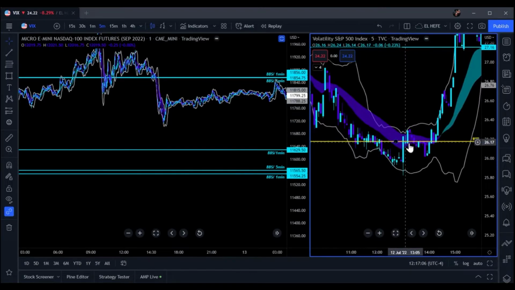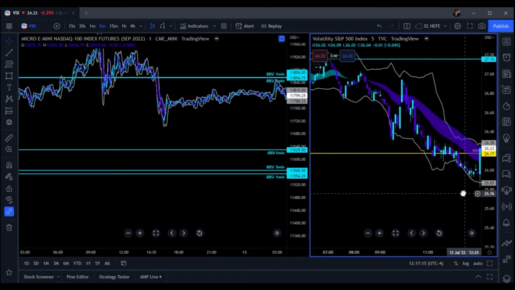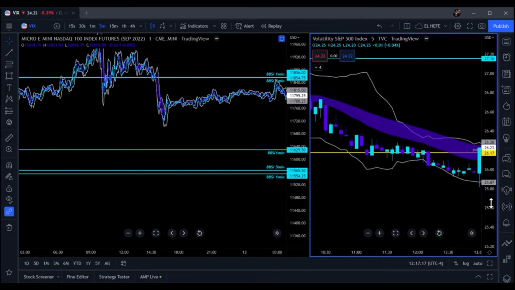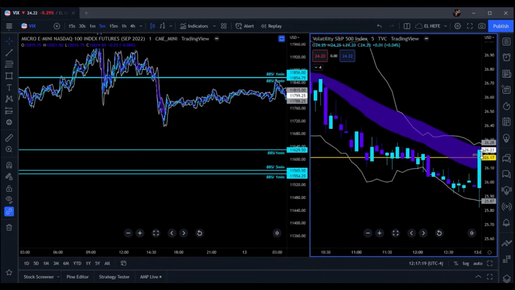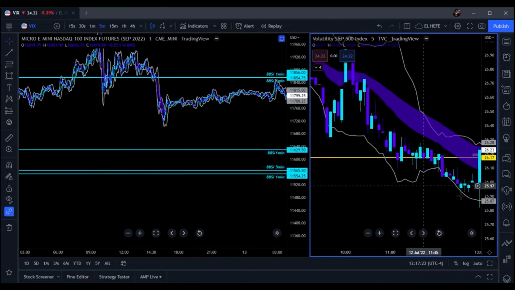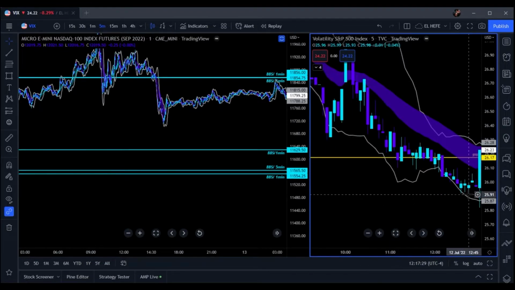I would have probably looked to take a long right here at 1300, had this not existed, you know what I'm saying? I would have had to say, okay, this is the extreme at 1300. I'm probably going to try to take a long with the anticipation that momentum is to the downside, longs are favorable. That's an extreme. So 1300.